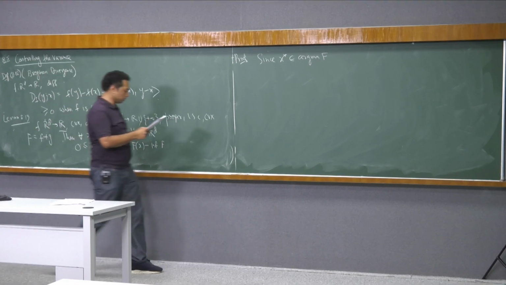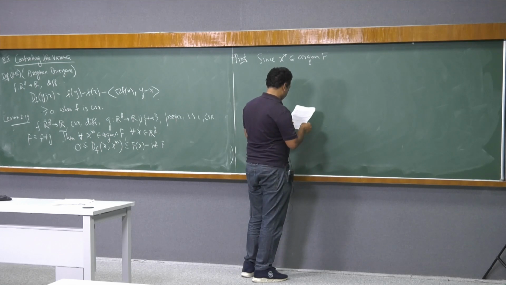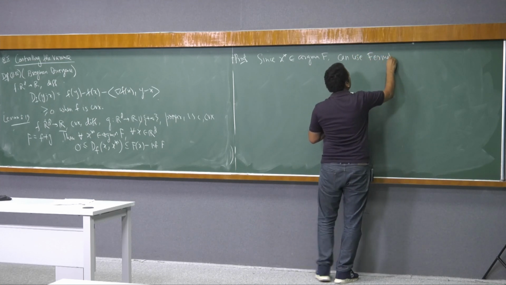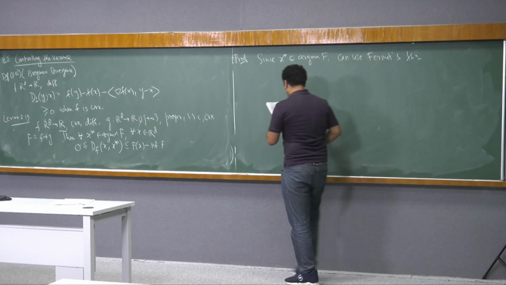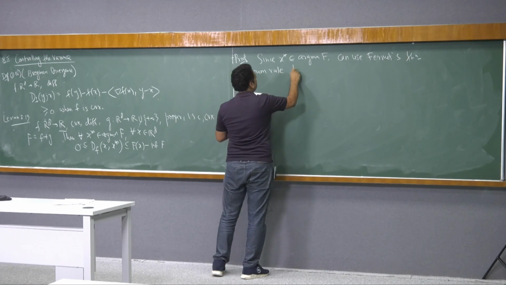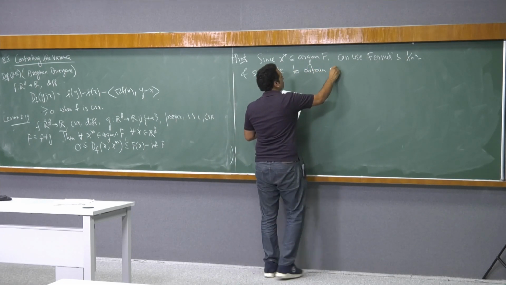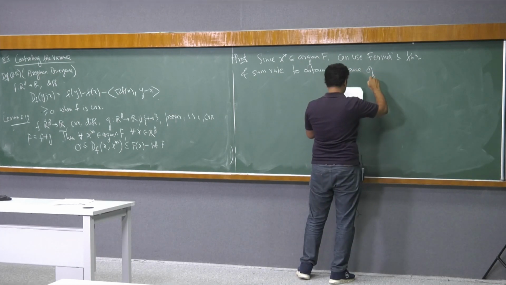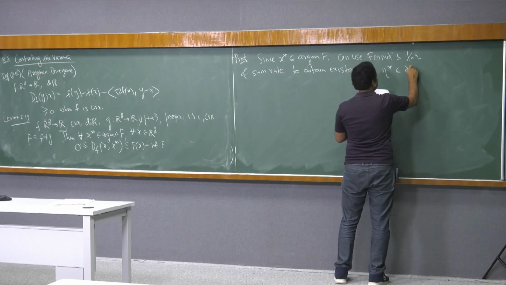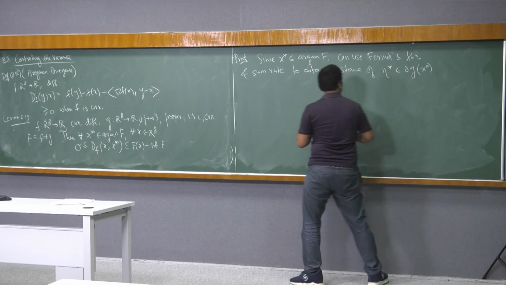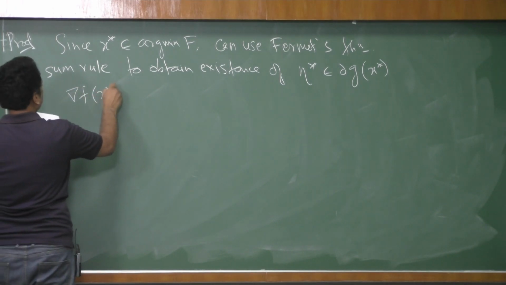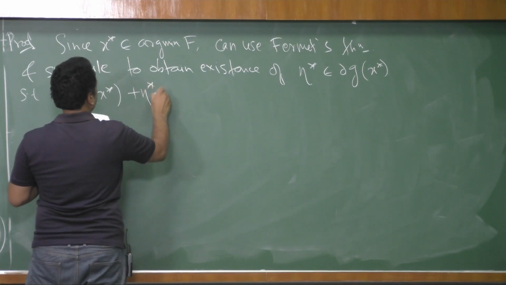So at least this implies that, using Fermat's theorem and some sum rule, we obtain the existence of eta star in the subdifferential of g at x star such that grad f(x star) plus eta star is 0.